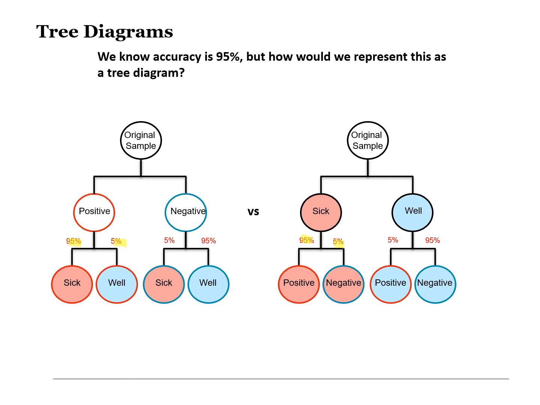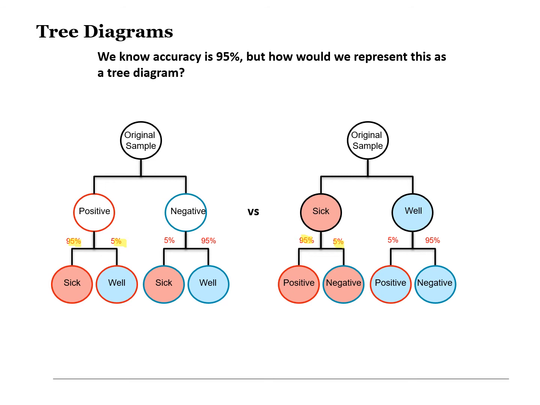All right, now that you've had a think about it, you've unpaused the video, I will tell you that the one on the right makes sense. Now, if it's hard to understand why the one on the right is correct, you need to have a close look at the wording of the description of what accuracy is.